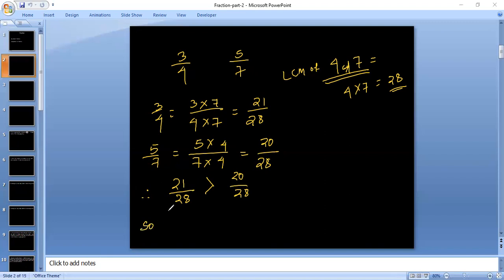So you write that 21 by 28, the equivalent fraction of 3 by 4, is greater than 5 by 7. Okay. By applying this concept, you should determine which fraction is greater.